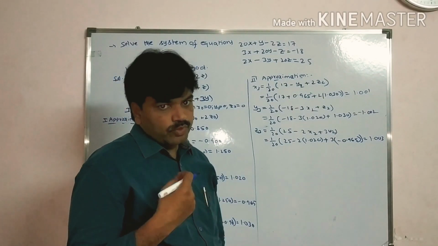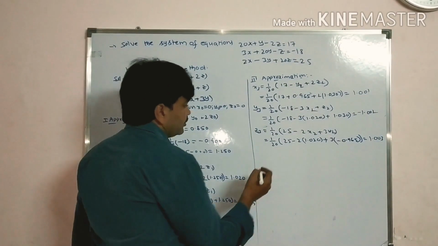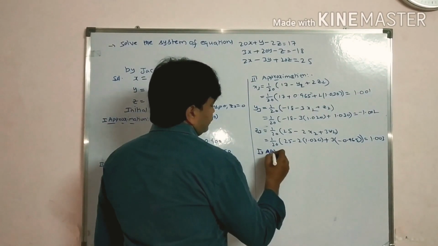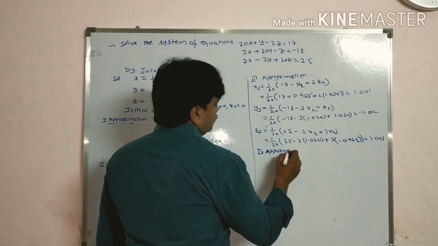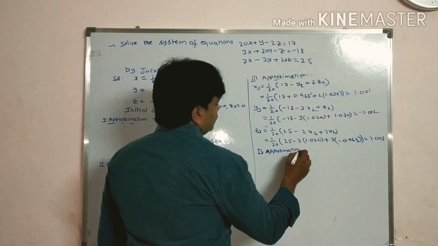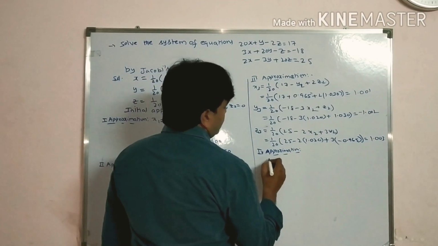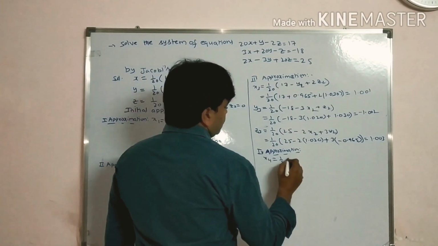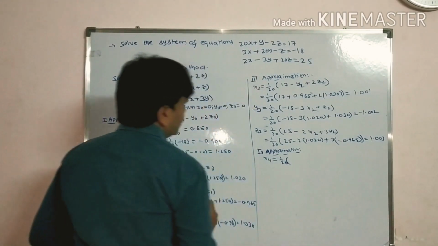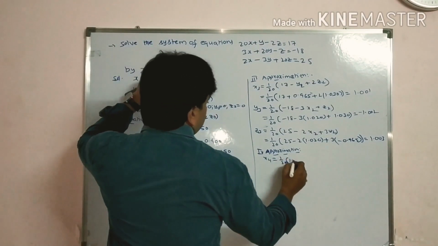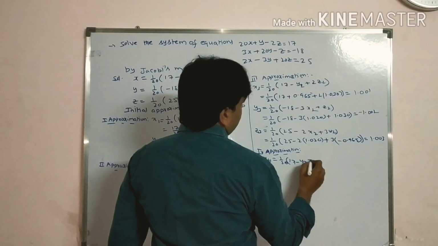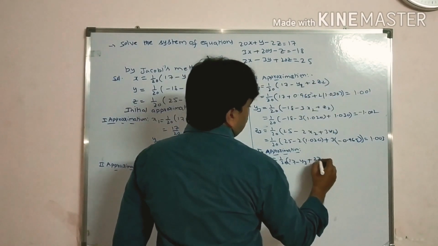Let us see the fourth approximation. x4 is equal to 1 by 20, 17 minus y3 plus 2 z3.